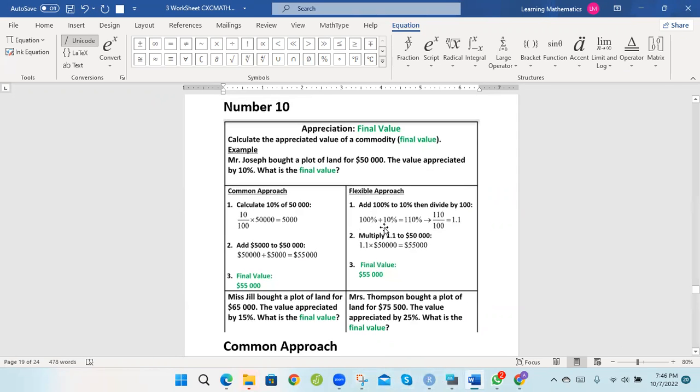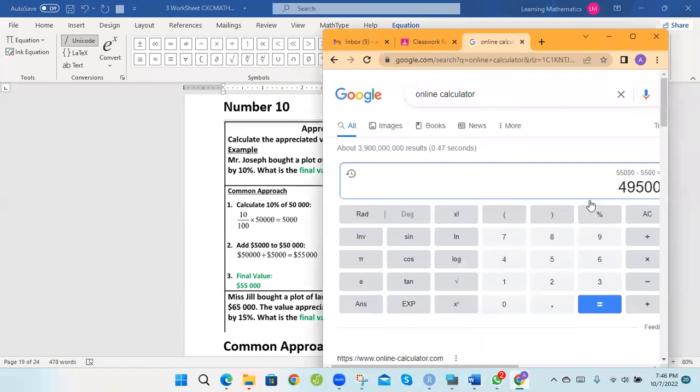So the initial step remains, because you must start with 100%, because the appreciation you add, you're going to get 1.1. But because you want to get back to the original value, you simply say 55,000 divided by 1.1 and you get back your 50,000.